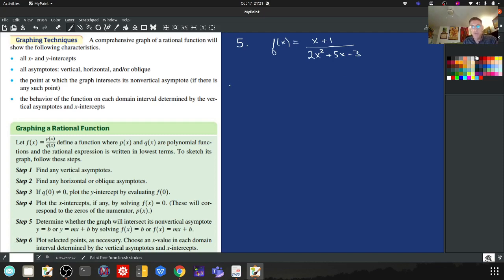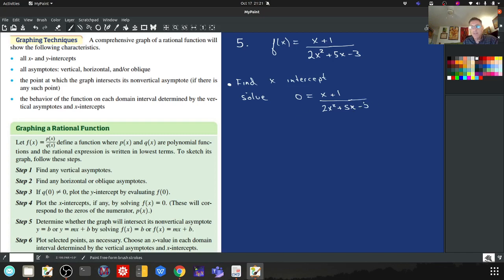So let's do this one bullet at a time. Find x-intercept. That occurs when f of x is equal to 0. So we solve 0 is equal to x plus 1 over 2x squared plus 5x minus 3.